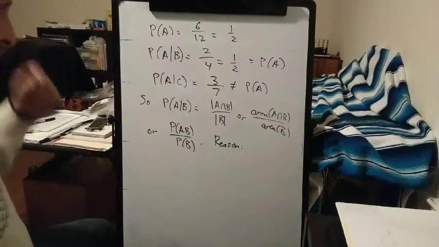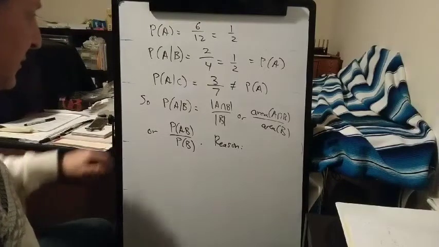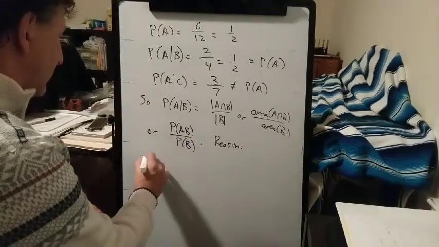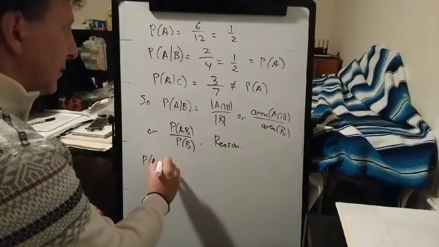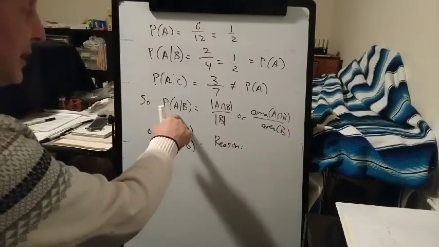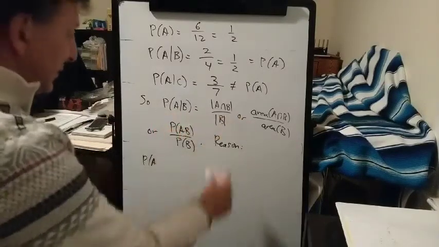So the reason is, we have the probability of A given B here.